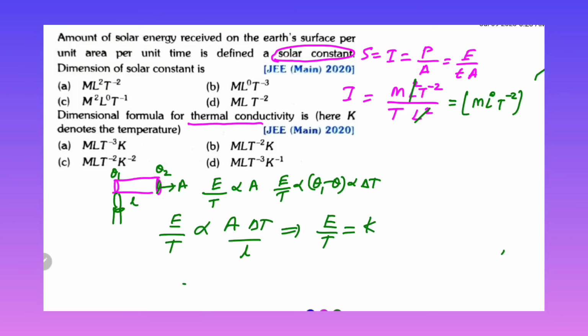So you can write this as thermal conductivity K A delta T by L.